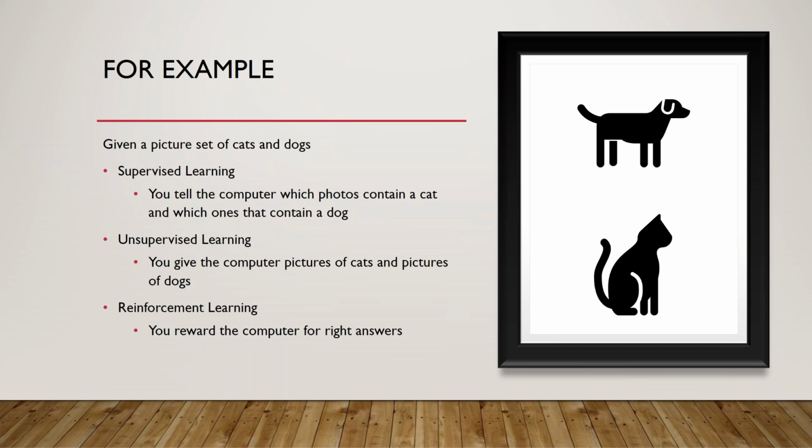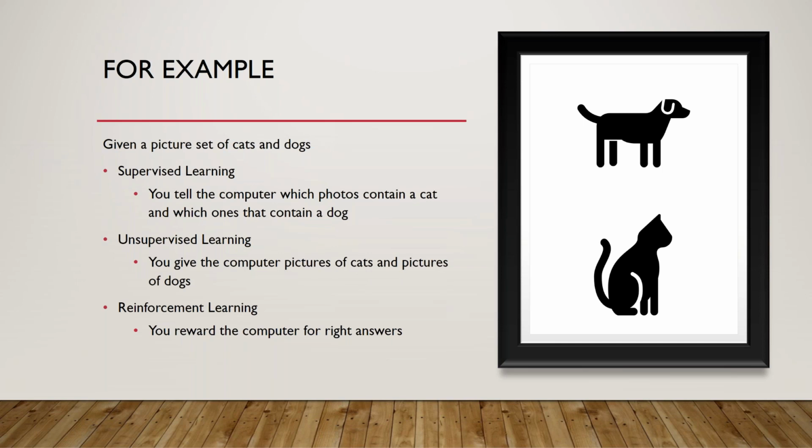Unsupervised learning is where you give the computer pictures of cats and dogs, and if you give it enough data, it'll cluster them into 2 groups. The algorithm won't necessarily know that one is cats and the other is dogs, but it will eventually separate them into 2 parts.